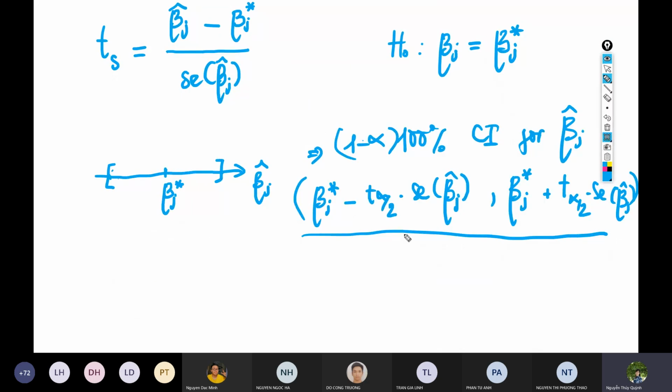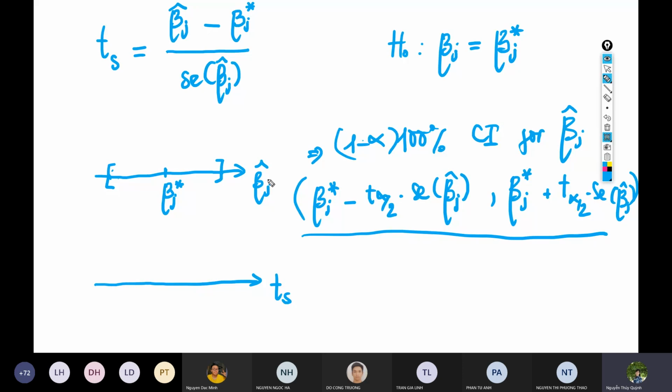Because the distribution of t and beta z hat is equivalent, we will have the distribution of t like this. This is t, our observed value of t corresponding to each observed value of beta z hat.